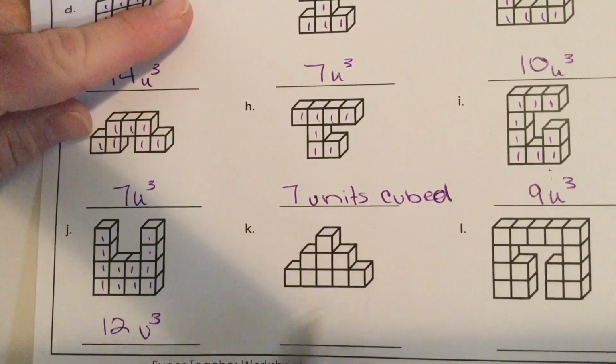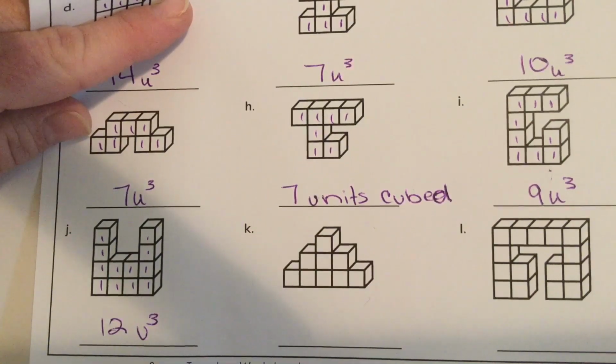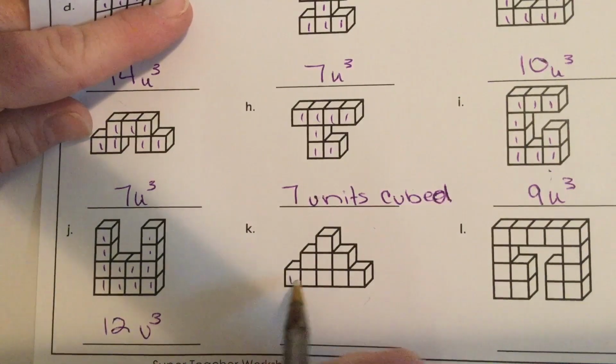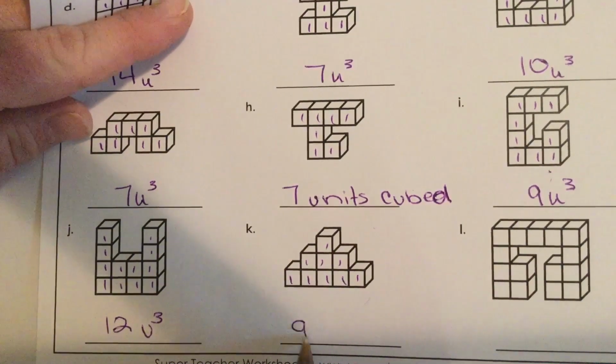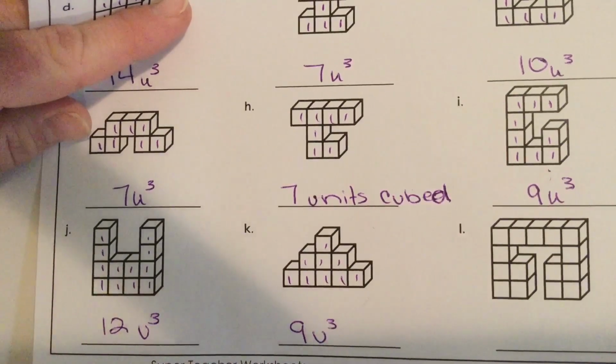All right. What about K? How many units? 1, 2, 3, 4, 5, 6, 7, 8, 9. 9 units cubed.